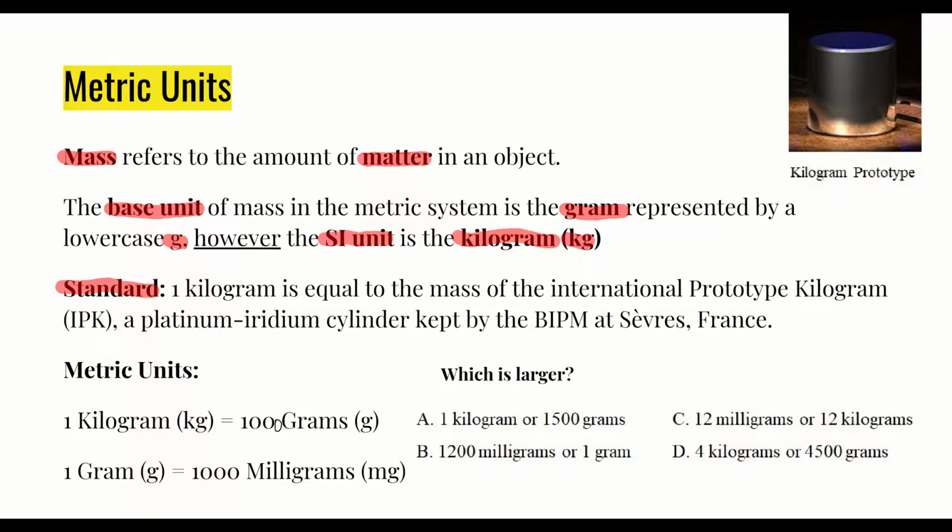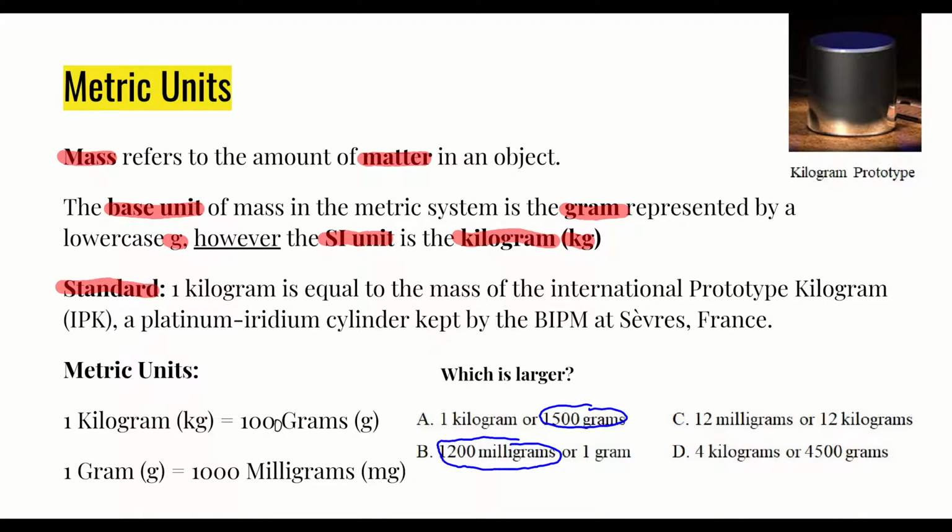Moving over to which is larger, we can look at 1 kilogram or 1,500 grams. Well, our 1 kilogram, we just said, is equal to 1,000 grams, so that means 1,500 grams is greater. Moving on to letter B, 1,500 milligrams or 1 gram. Well, we said 1 gram is 1,000 milligrams, which means that 1,500 milligrams is going to be larger.